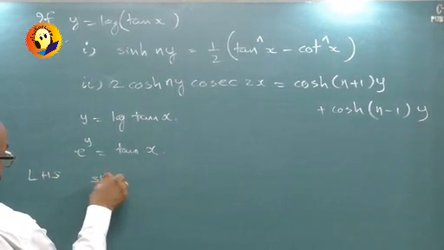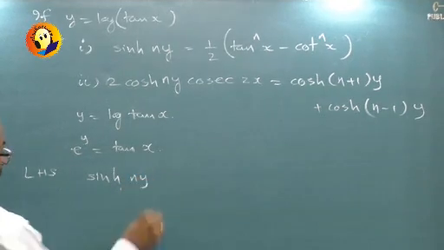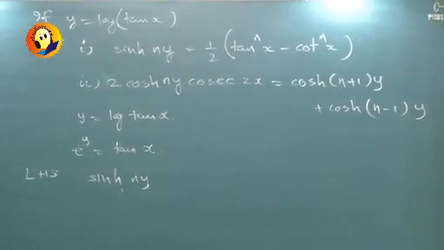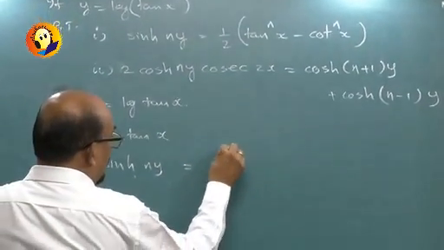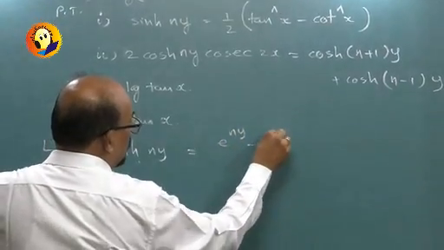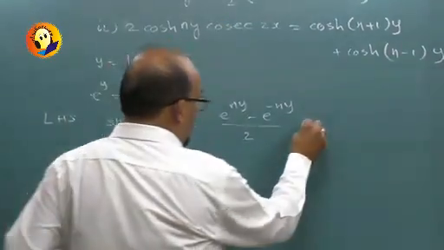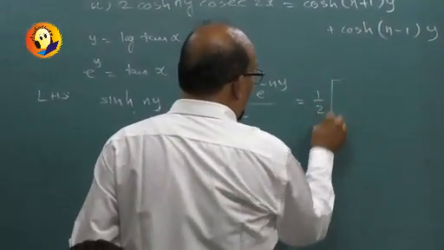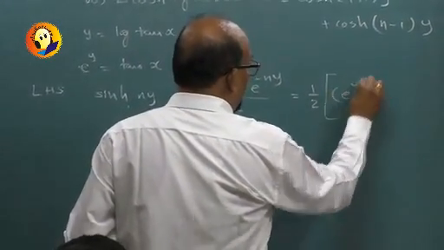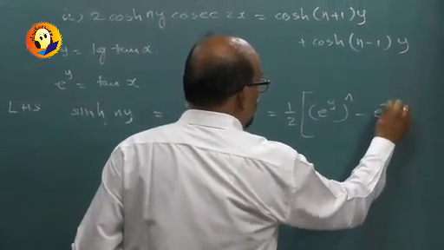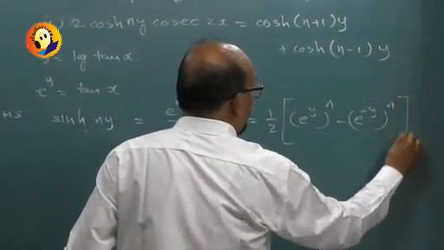It is sinh ny. By definition, it is e raised to ny minus e raised to minus ny upon 2, which can be half into bracket e raised to y bracket raised to n minus e raised to minus y bracket raised to n.